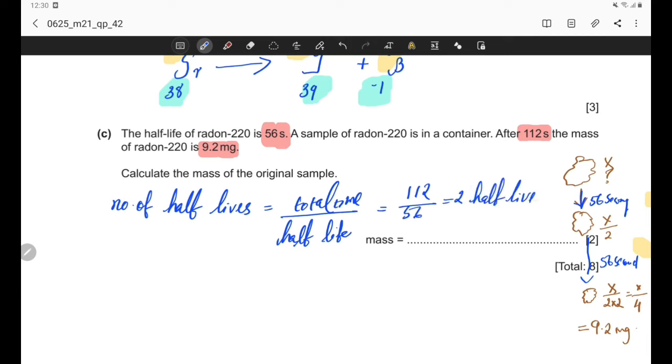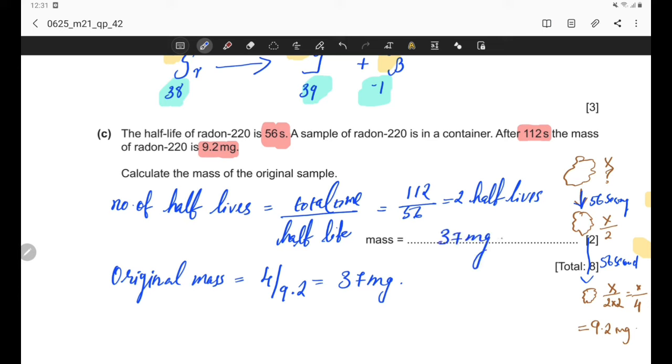After 2 half-lives, its mass is 9.2 milligrams. So its original mass, or initial mass, will be 4 times 9.2, that is 37 milligrams. So that is the correct answer, 37 milligrams.